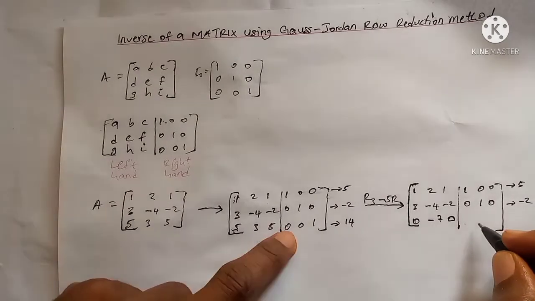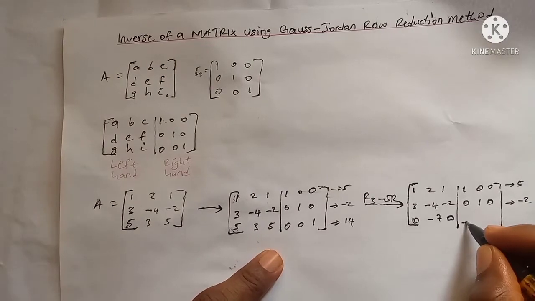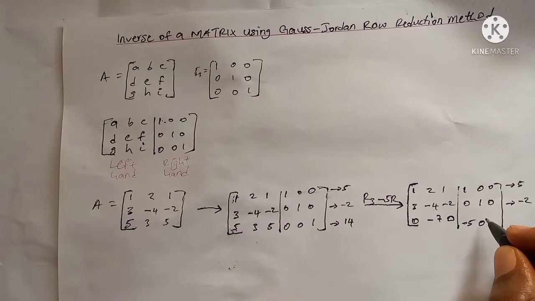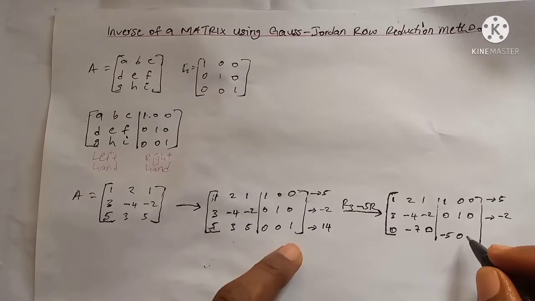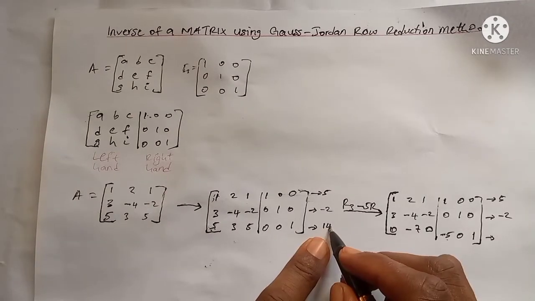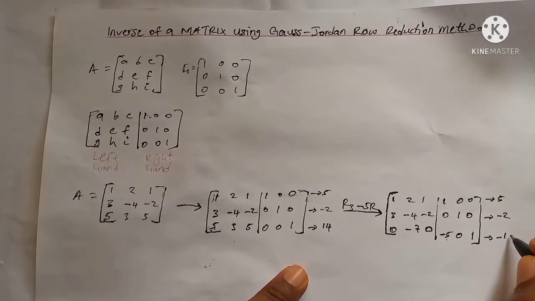Now 0 minus 5 times 1 will give us minus 5. 0 minus 5 times 0 will give us 0. 1 minus 5 times 0 will give us 1. Now 14 minus 5 times 5 will give us minus 11.